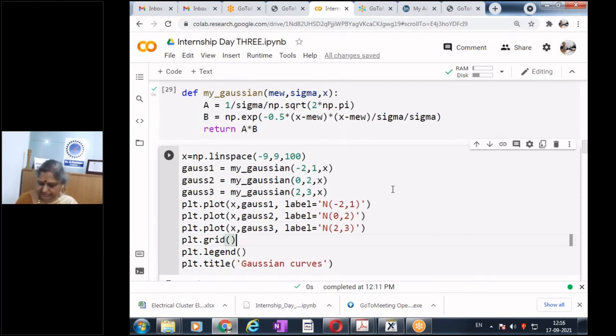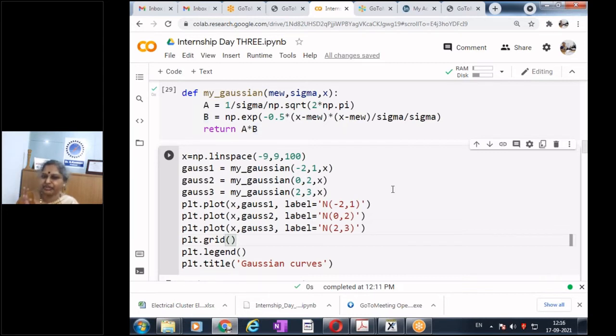Very good. Just try changing mu and sigma and see what happens.